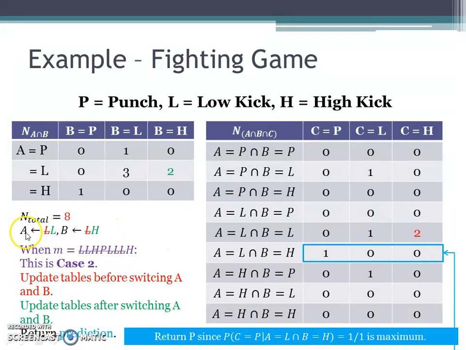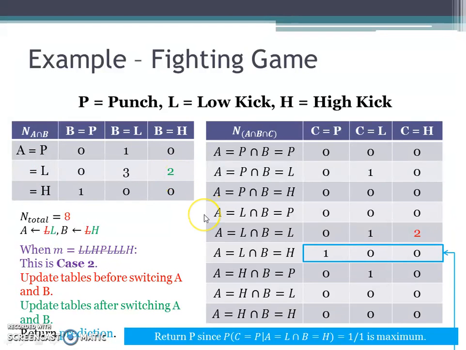After that, we update our A and B so that it records the last 2 strikes, L and H. When you update this table, you record the frequency for L and H occurring. So this is that value.